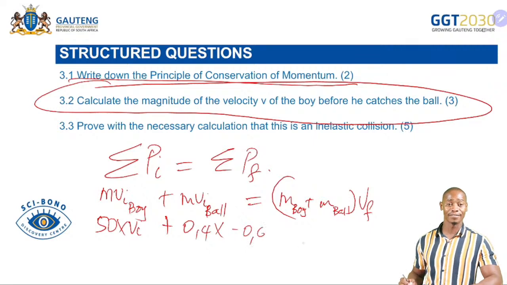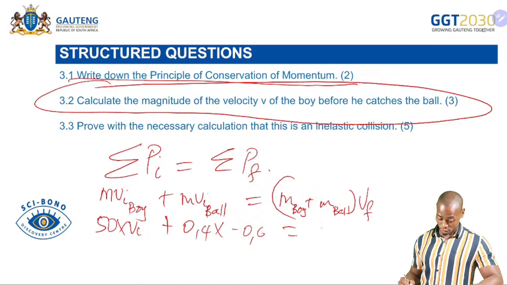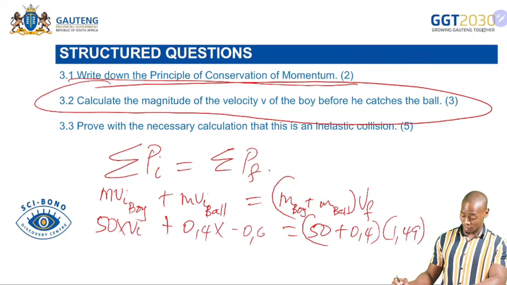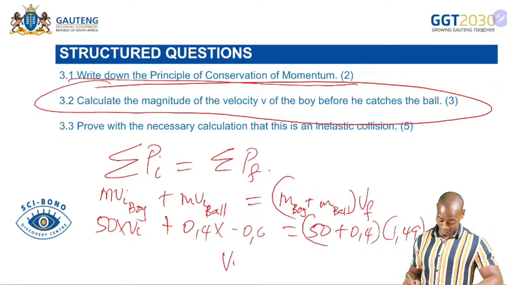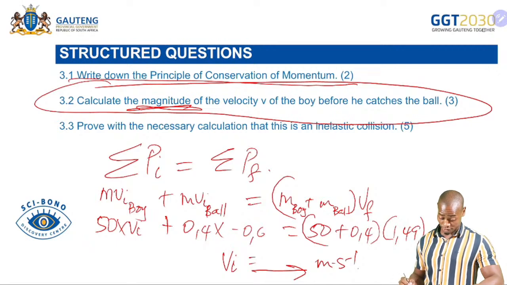Why negative? The direction of the ball is to the left, okay? Equals to the combination of the two, 50 plus 0.4. Then what is the final velocity? We said it is 1.49. Why positive? It is to the right. We took right as positive. Then what is the initial velocity? The magnitude. So you will calculate and then you get your answer in what? In meters per second, which I believe you got right.